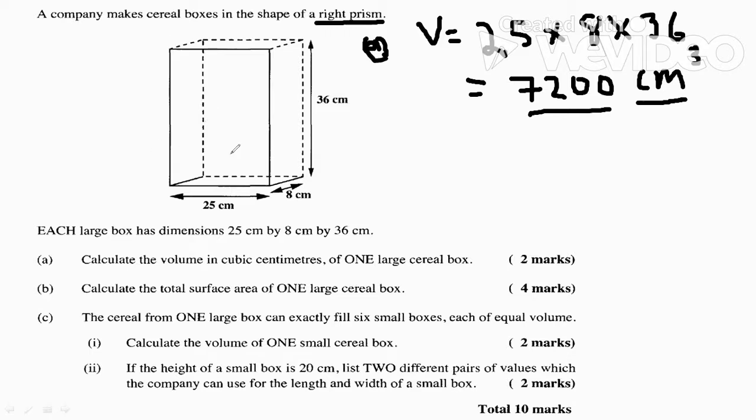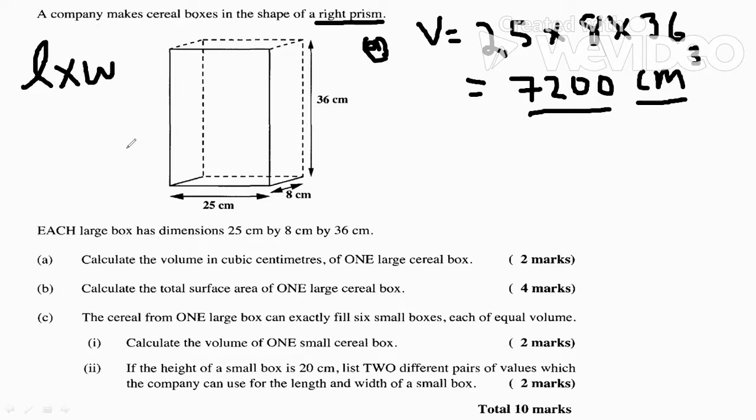All the sides of the cereal box are rectangular in shape, not true? Right. And how do you find the area for a rectangle? Length multiplied by what? Width.